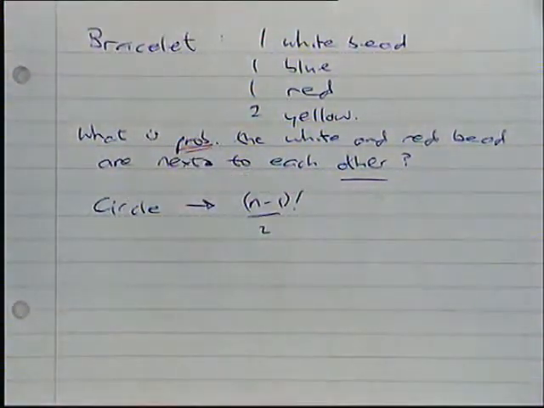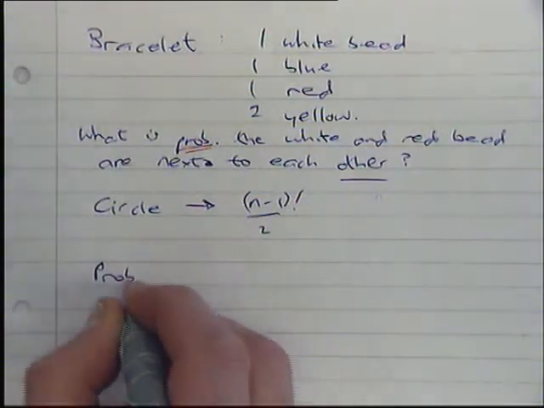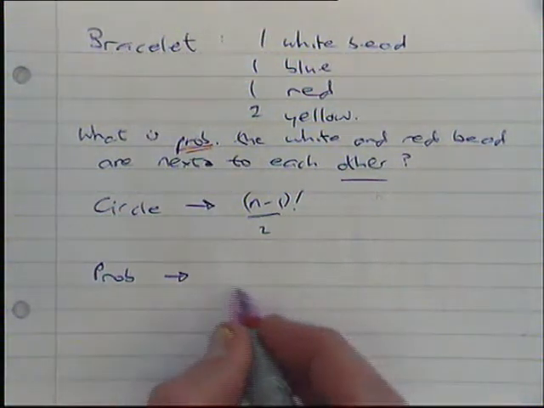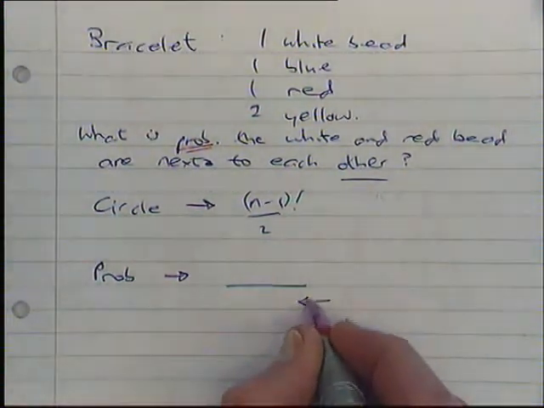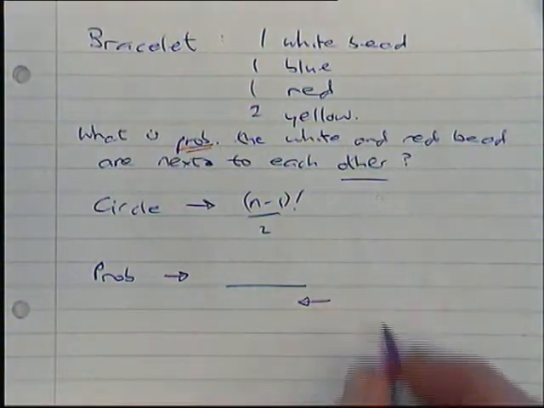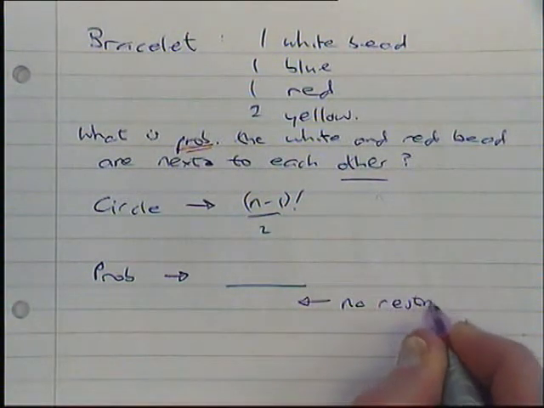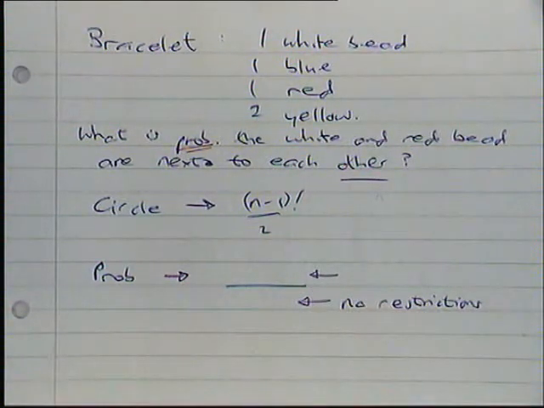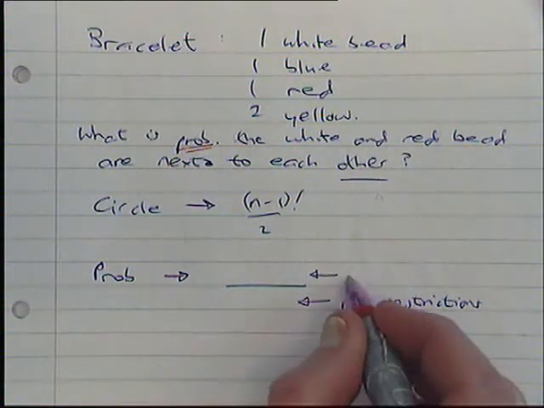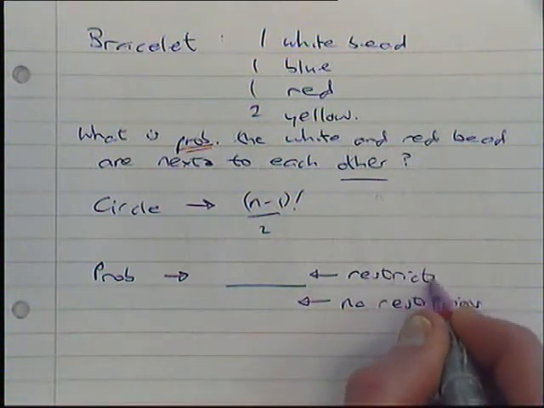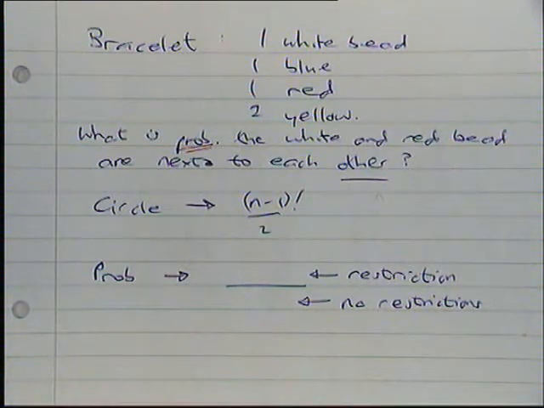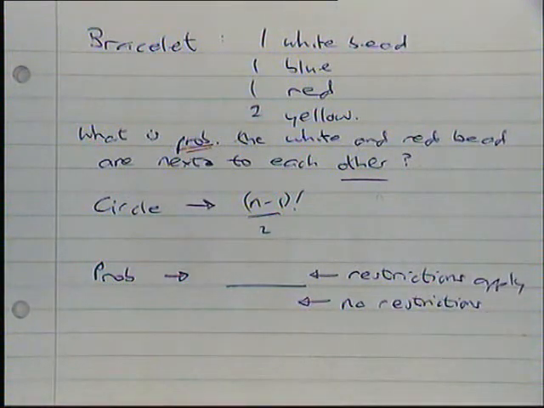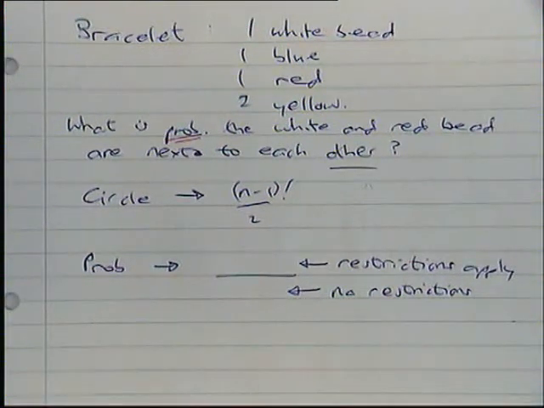Probability. What do probabilities look like? Fractions. On the bottom of the fraction we have no restrictions, and the top of the fraction, the numerator, is the restriction number. Then we put those two together and we get our probability. It's always easier to do the bottom one.